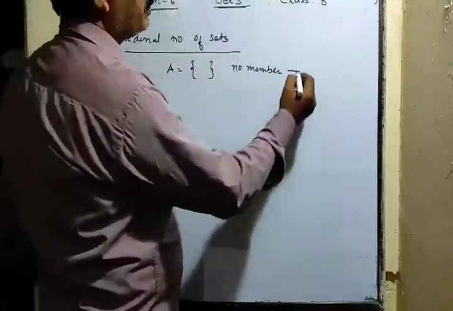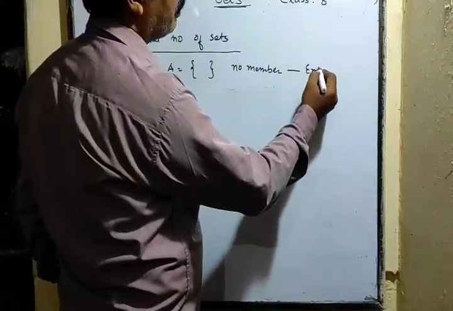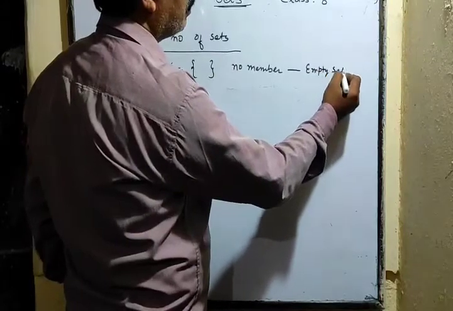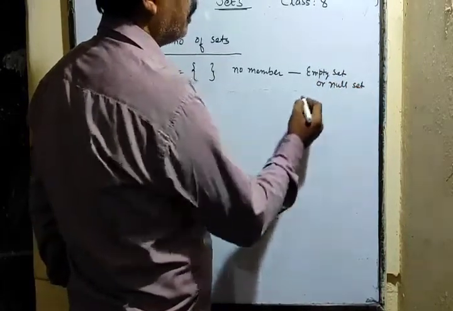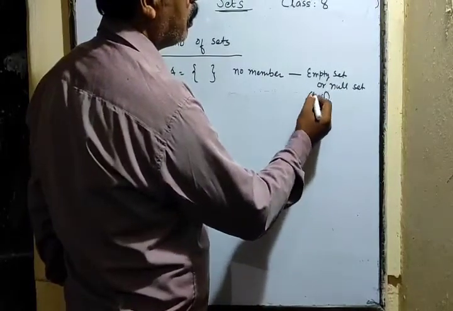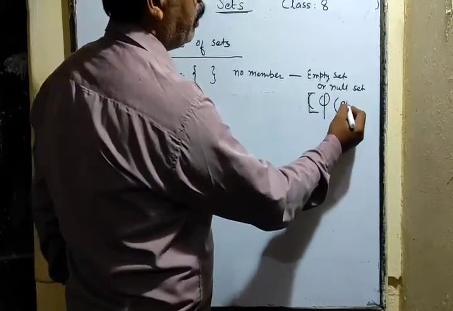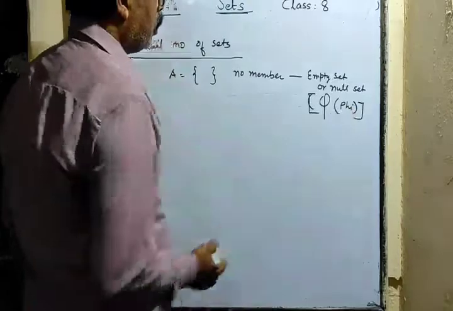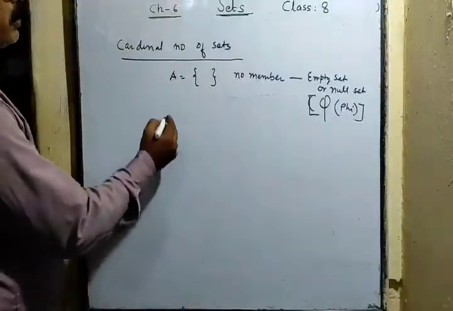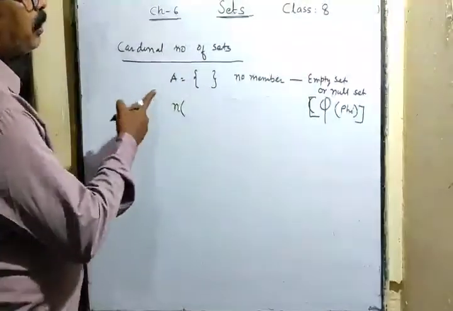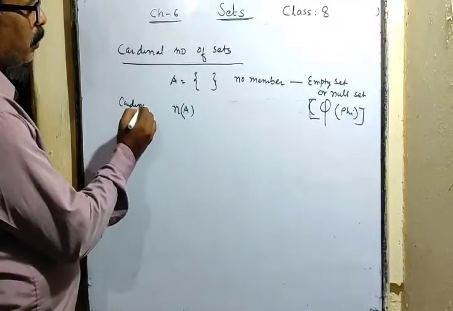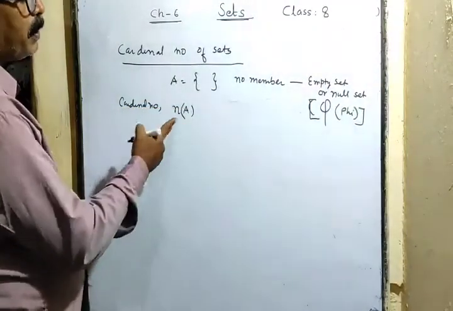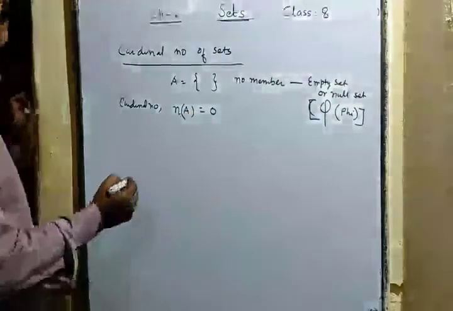Such types of sets are called empty set or null set, and for that we use this symbol, phi. In this case, since no member is there, the cardinal number is zero. The cardinal number of A is represented as n(A), that is, n(A) is 0.